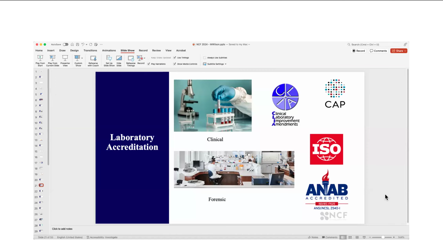In the clinical world, they have their own sets of standards. They're just different. And so you'll see things like the Clinical Laboratory Improvement Amendments, CLIA, or the College of American Pathologists, CAP. Those are the accrediting bodies in the clinical world. So because we're using microarray technology, we are falling under the clinical umbrella of quality assurance and accreditation.